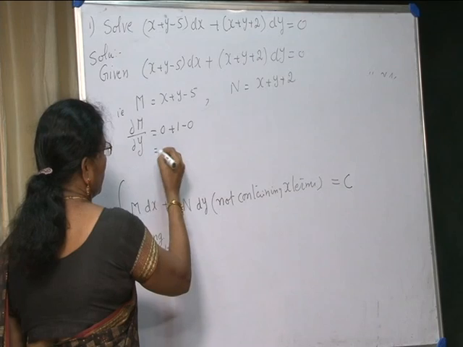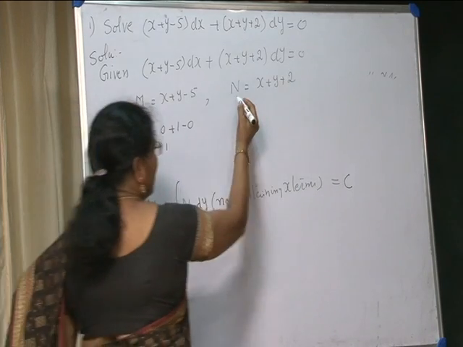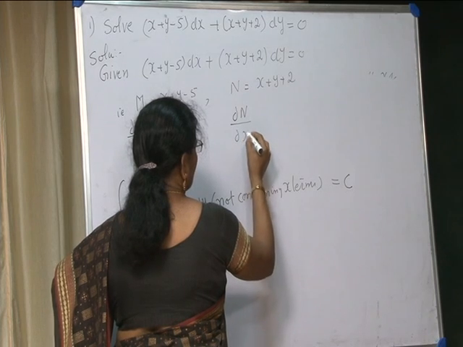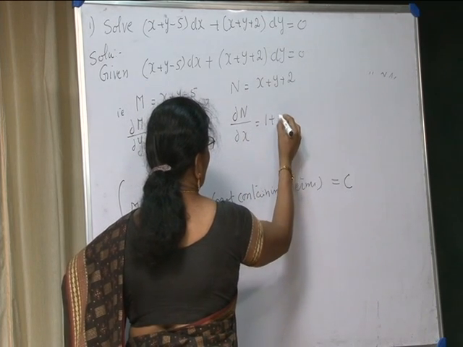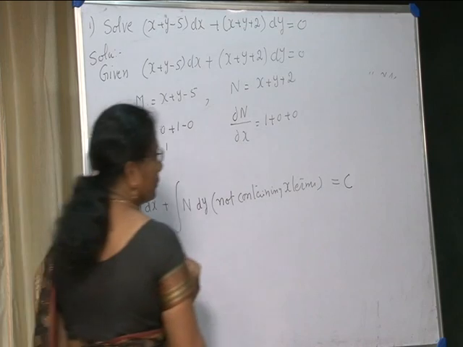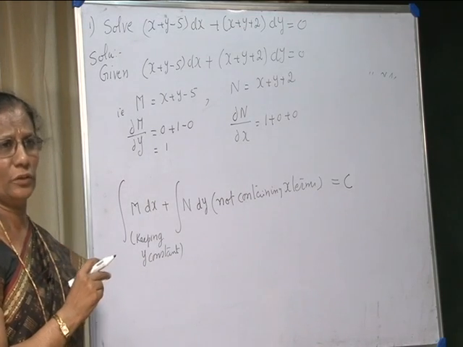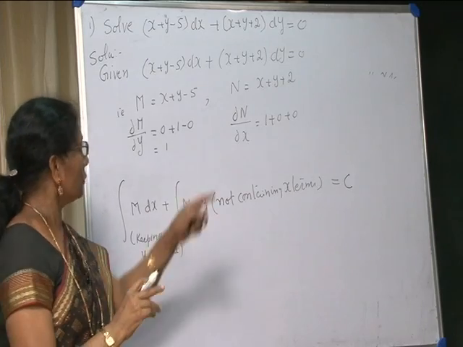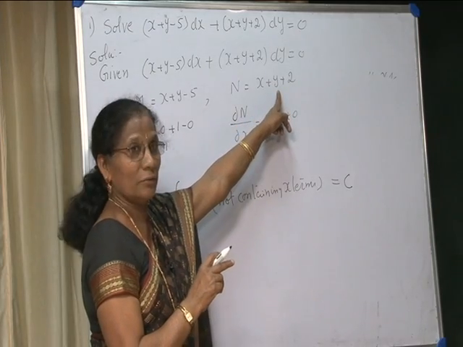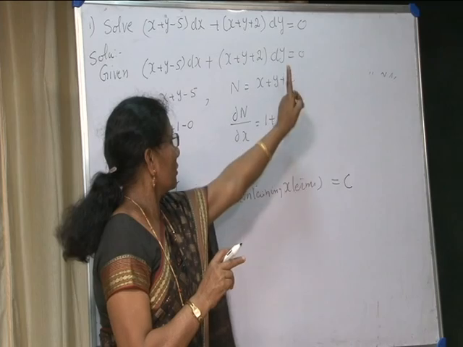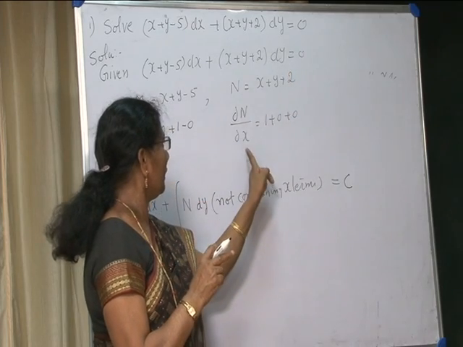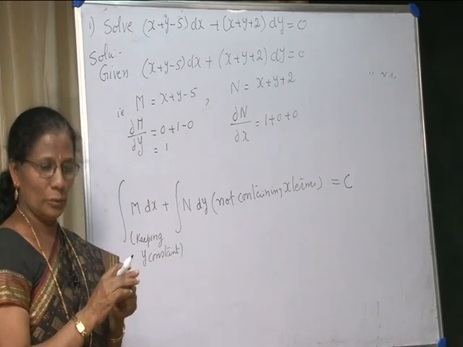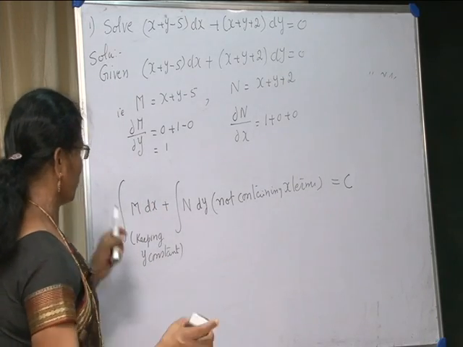So, this is equal to 1. Similarly, you differentiate N with respect to x, 1 plus 0 plus 0. When you differentiate with respect to x, y is a constant, so derivative of y with respect to x is 0. This constant is also 0. Delta N by delta x is equal to 1. Delta M by delta y is also equal to 1. Both are equal.